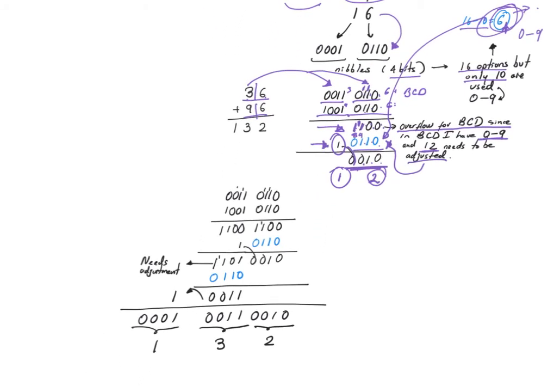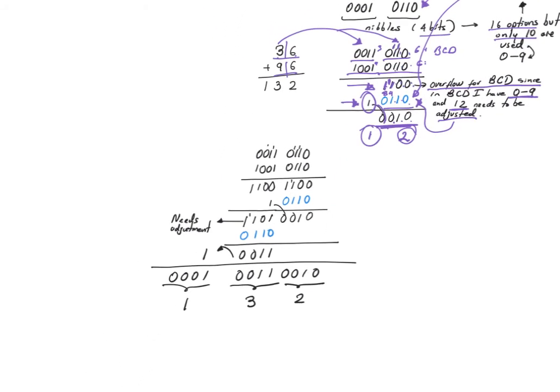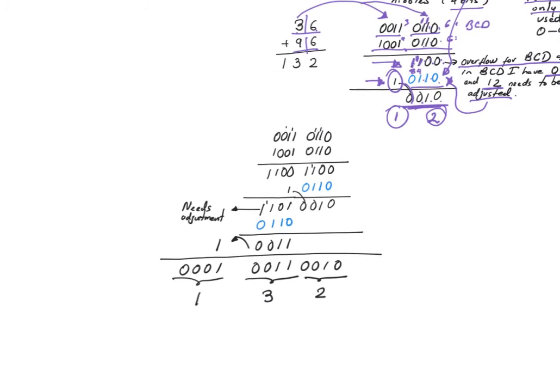So let's keep doing the adding of that number. So we had 3, 6, 9, 6, right? And we had here a 2, and then we have the carry here. Then we continue adding, so this is 1 plus 1, 0, and carry 1, 1 plus 1, 0, and carry 1, 1 plus 0 plus 0 is 1, and then we have 0 plus 1, 1.